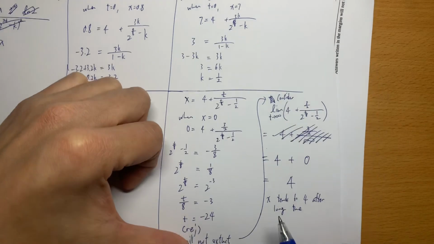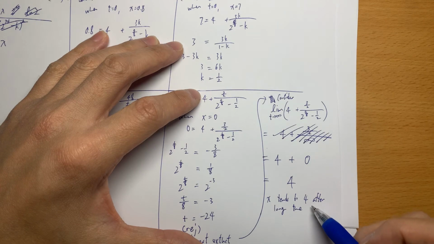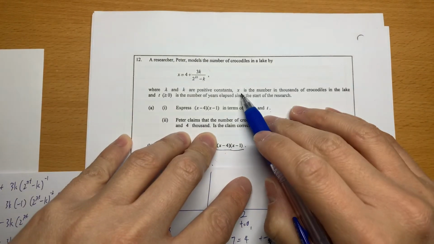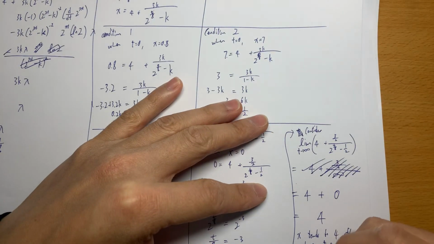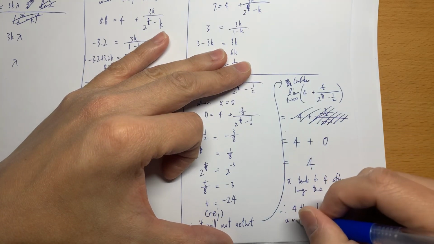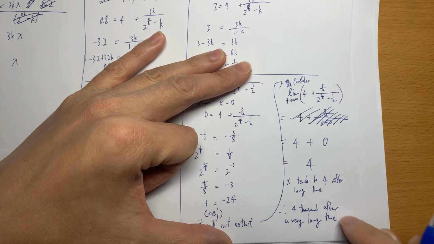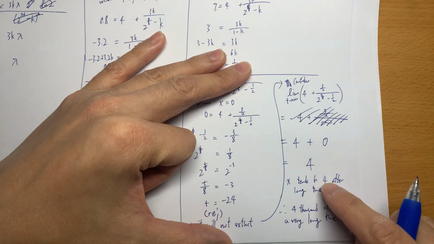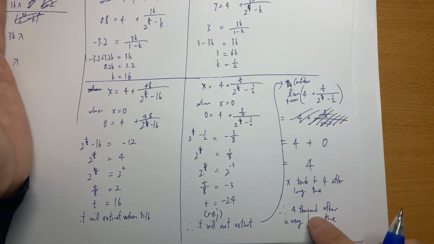But x is the number in thousands, so your answer should be 4,000 after a really long time. Be careful of this kind of careless mistake. That's why we always ask students to check the corresponding unit. We're talking about 4,000s.